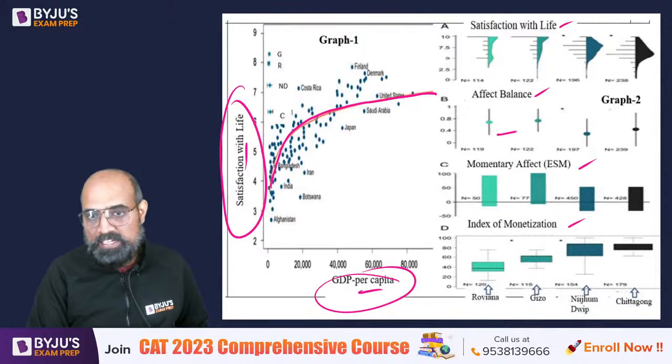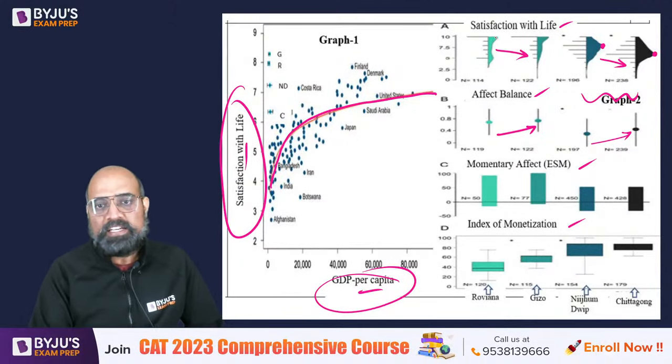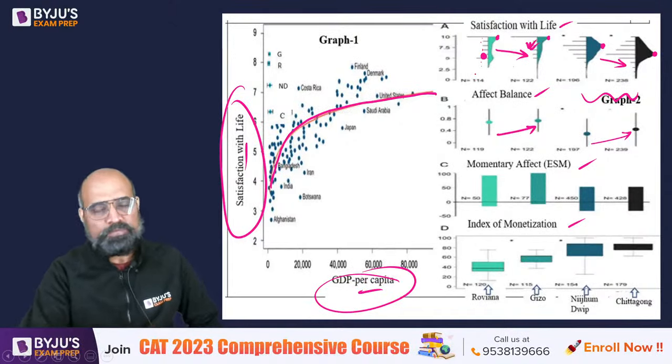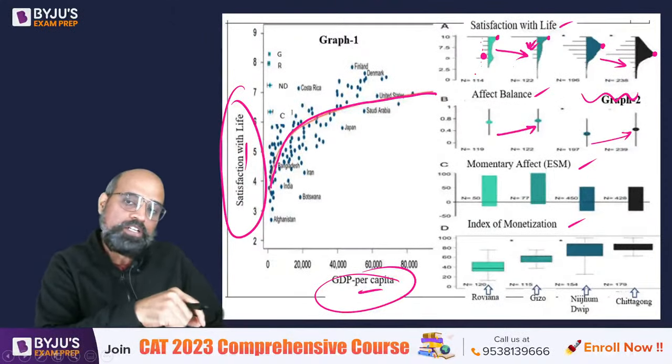If affect balance has increased, has satisfaction with life decreased? Has this happened? Well, it did happen here. This has gone down, but not here. Because if you assume these to be values and take the average, you'll find that the average is higher over here while it is somewhere over here. And it's actually very difficult. We don't know what those magnitudes are. We'll have to assume that every small length is 1 unit, and calculate accordingly. Okay?